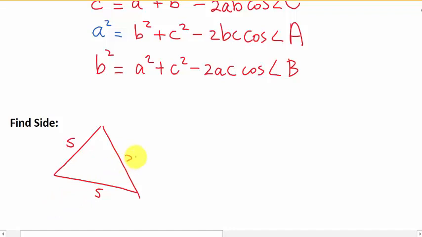So if this is the one I'm looking for, I need this angle. So what do you need to use the cosine law? You need side, angle, side.